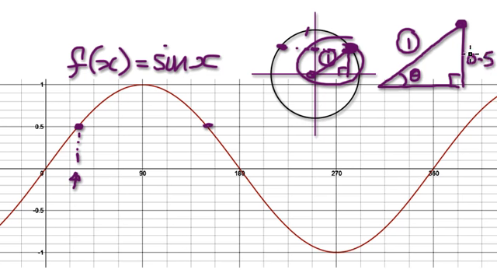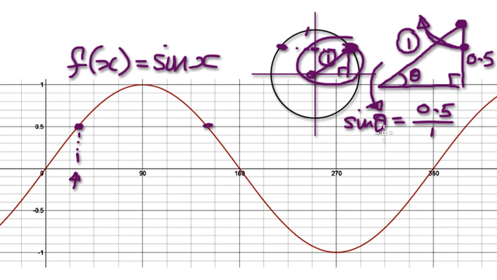So here you would normally do this. You know you're going to need a sine. So here you would do sine of the angle equals 0.5 over 1. Now you ultimately want to find out the angle, because my question is, what angles will give me a height of 0.5?